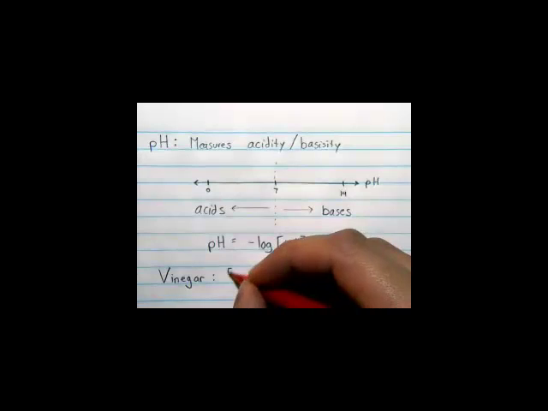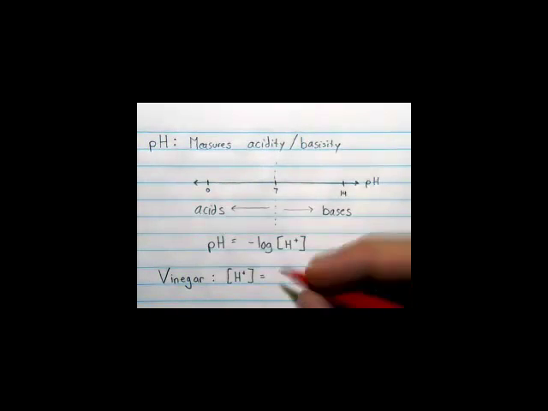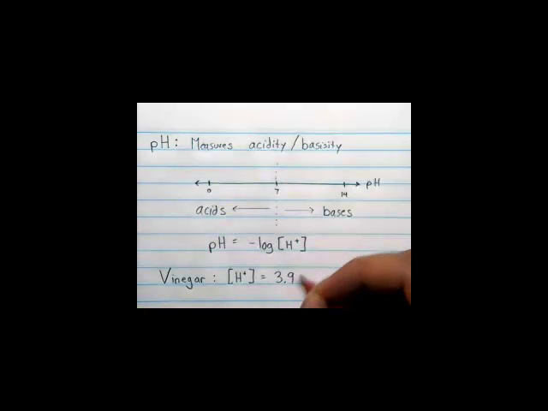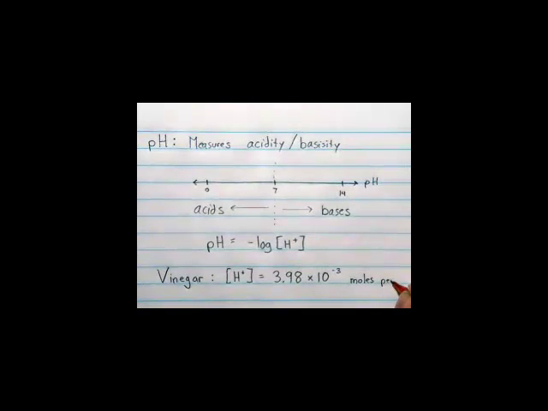and its hydrogen ion concentration is equal to 3.98 times 10 to the negative third. And the unit for this is moles per liter.